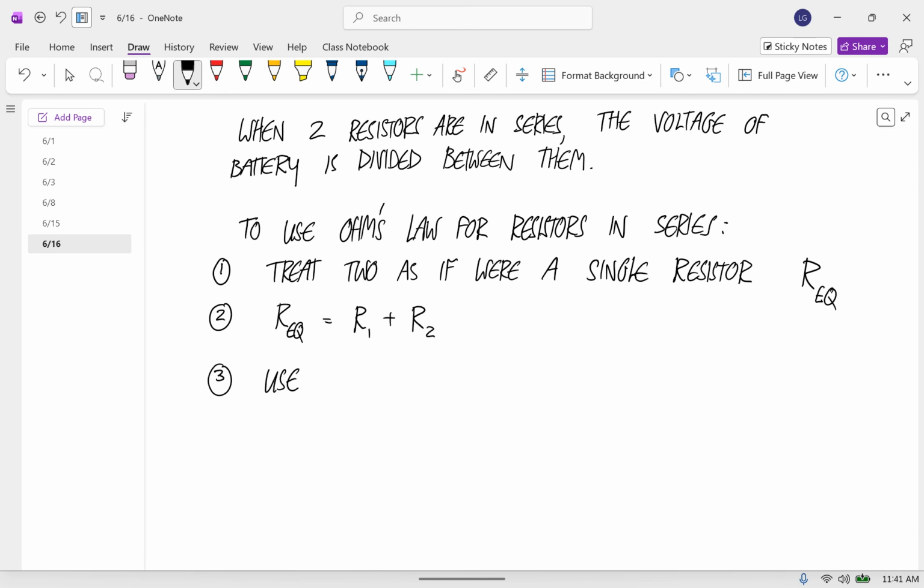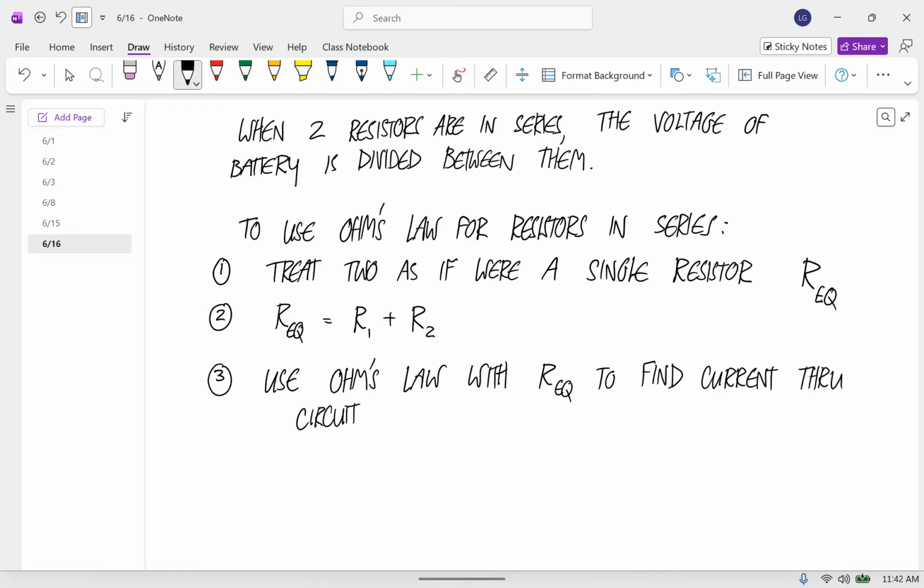Third, use Ohm's law to find the current through the circuit. So we're going to use Ohm's law with this equivalent resistance. Remember, the defining feature of elements that are in series is that the current is the same through everything, because that electricity can't go anywhere.